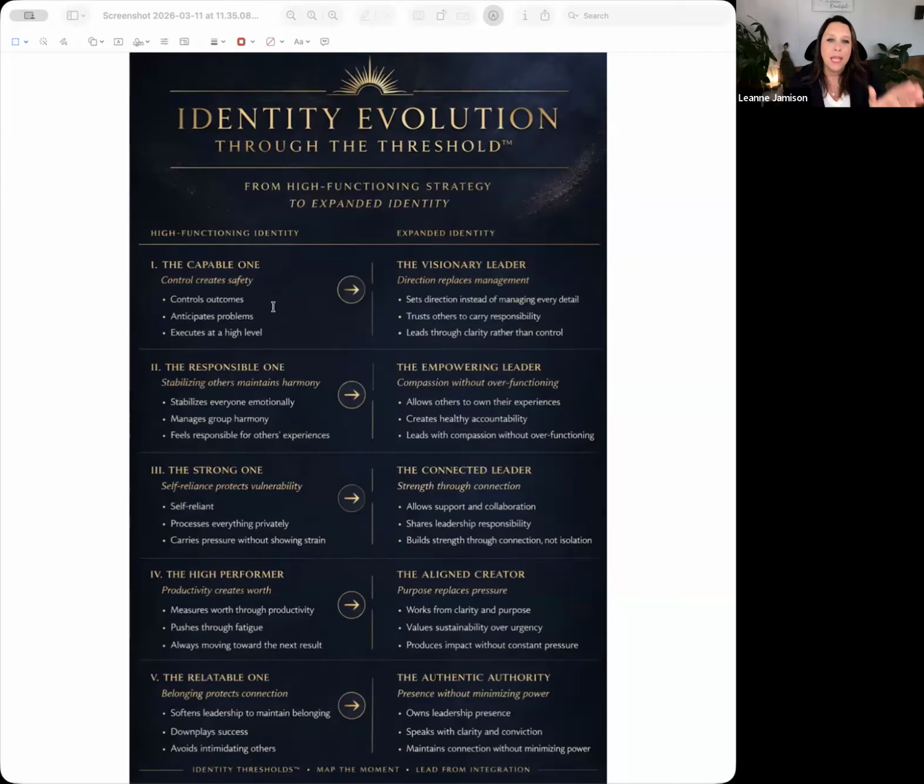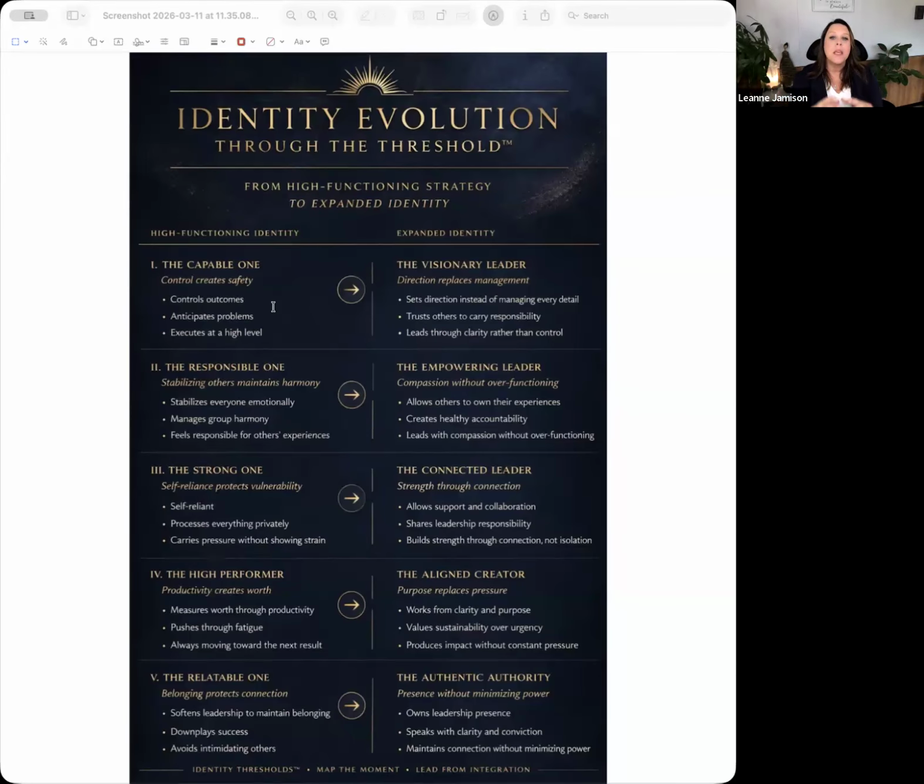We are shifting from the capable one to the visionary leader. The capable one leads by executing at a level that no one else quite matches. That precision, the anticipation, that high standard. It built everything that she has, that you have, right? And it's real and it does not go away. But with it, there is a ceiling baked into it.